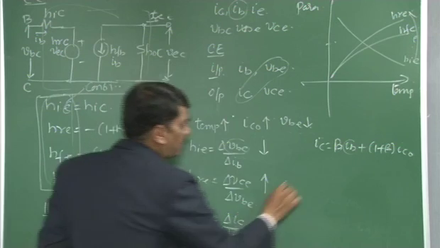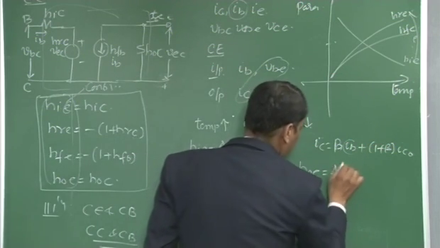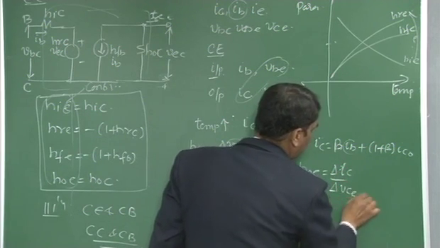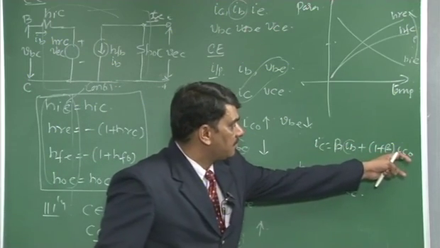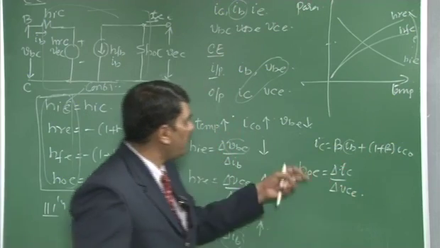The last parameter is HOE, which is given by delta IC by delta VCE. Once again, as the temperature increases, ICO increases, so delta IC increases, and HOE also increases, because VCE is independent of the temperature.